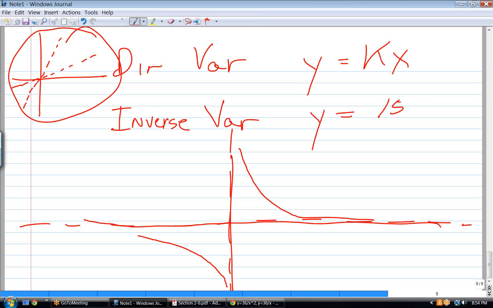If I had something like this, I could say y varies inversely with the cube of x. Or the ones they've been giving us all night, this is y varies inversely with the square of x.